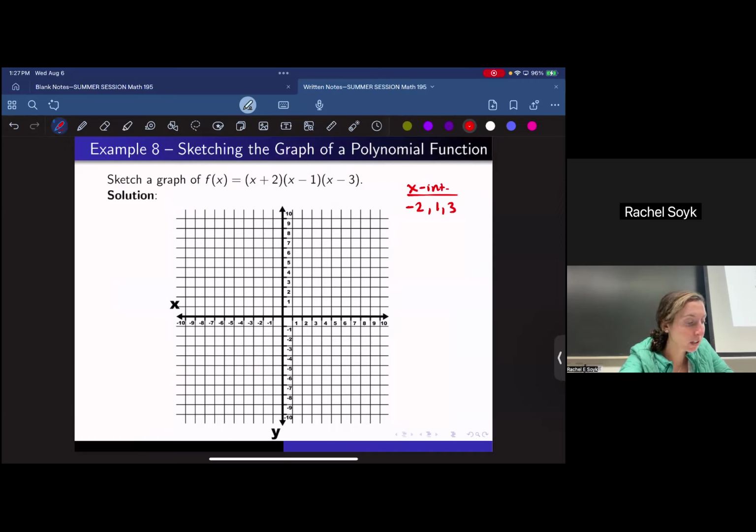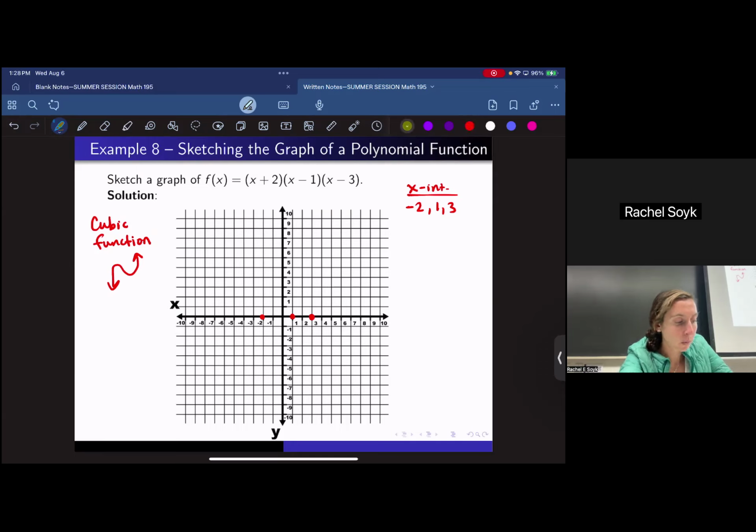Nothing's being repeated. So you know straight off the bat, we're dealing with a cubic function. And nothing's negative either, so it's just going to be something like this. So we have -2, 1, and 3.